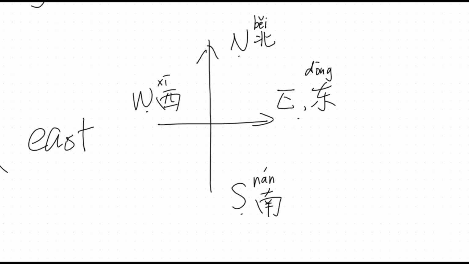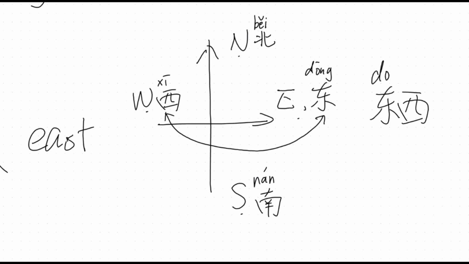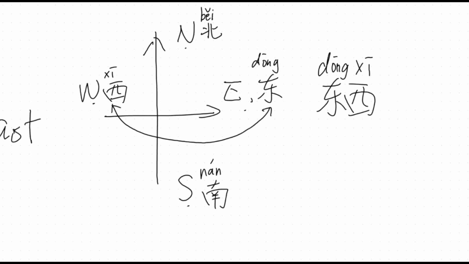Okay, sometimes we say 东西. Dongxi is a word, but it does not mean direction.